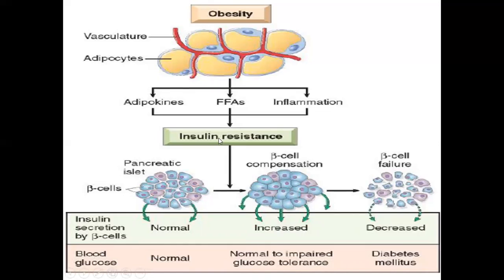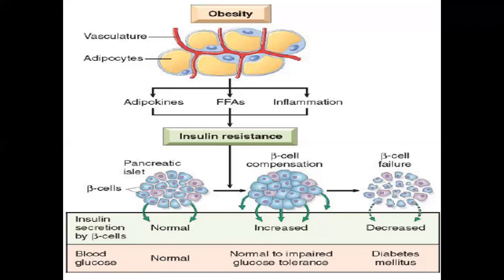So what happens is that normally the insulin could bind to the receptors found in the islet cells, the beta cells in the pancreas, such that when it binds to the beta cells, it's now able to take up glucose and metabolize it as a source of energy.